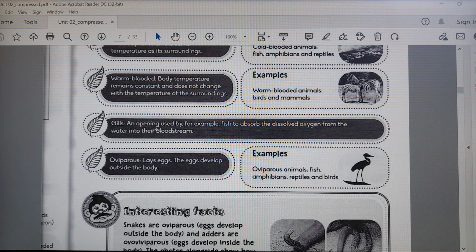And what is oviparous? It means it lays eggs. The eggs develop outside the body. Oviparous animals are fish, amphibians, reptiles, and birds.